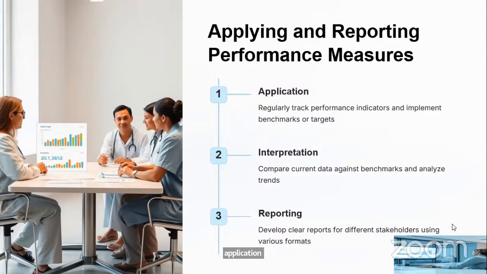Just like we have mentioned earlier, it is about implementation, right? We should always strive to regularly track performance indicators. This will help us establish baseline performance, and we can easily monitor changes as time goes on.